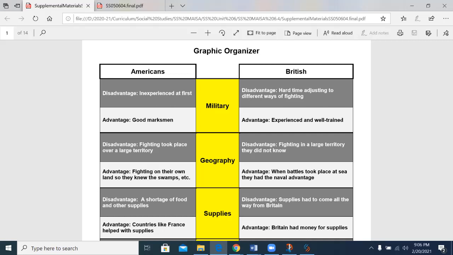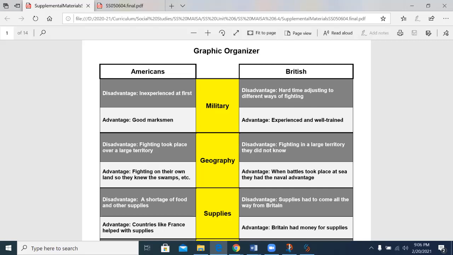It wasn't until later on that we are trained by some Europeans that come over and kind of teach us how to do this. The one advantage the Americans had is that they were good marksmen. We hunted. There were plenty of opportunities to fire a gun during the 1700s.